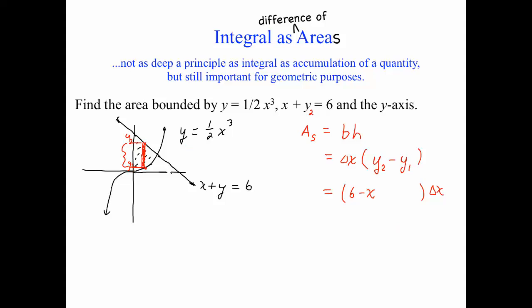Y1 is defined by our cubic curve there, so 1/2 x cubed. So that's our setup work. We can put a box around it. So the area of our typical strip is 6 minus x minus 1/2 x cubed, all times delta x. Area of a rectangle.